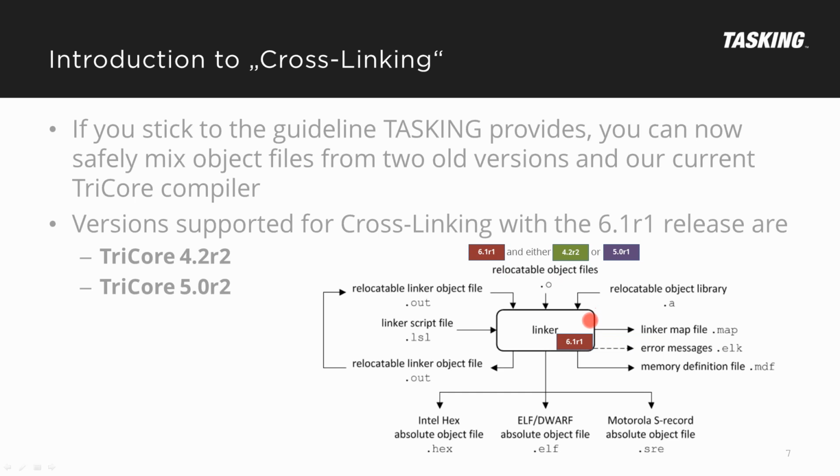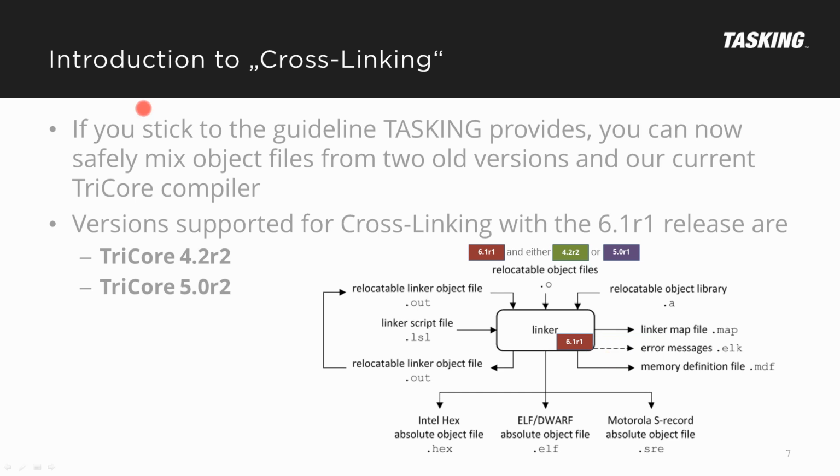So this is how it works, and at the end we'll have a file with your application compiled with the most recent release, and all the legacy applications compiled with the older releases. So you don't have to recertify your older releases, given the fact that they stick to the guidelines we provide.